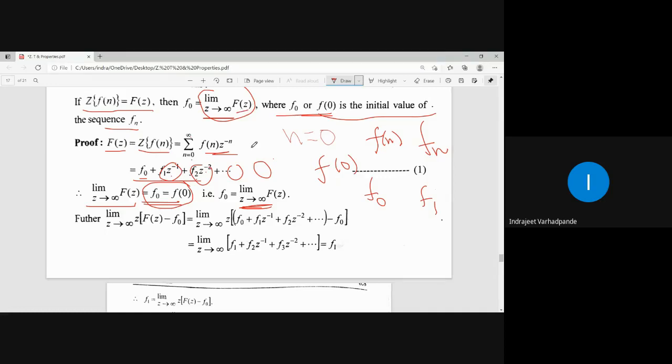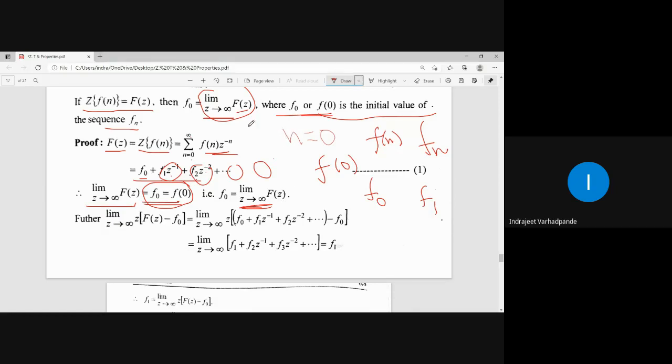If you are directly given the z transform, take its limit z tending to infinity. You know the sequence's first value, that is the initial value. What the sequence is, I am not concerned or bothered with that. I can only find the initial value from the given sequence.